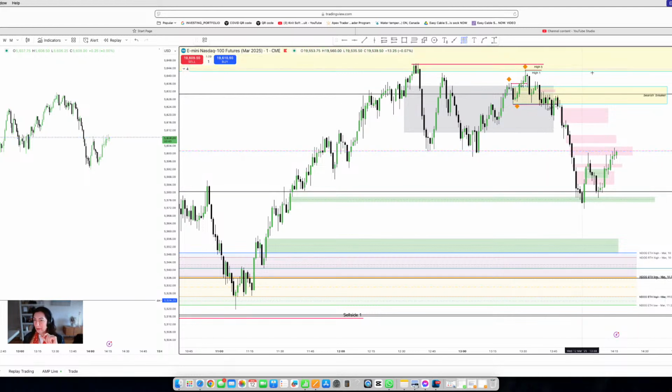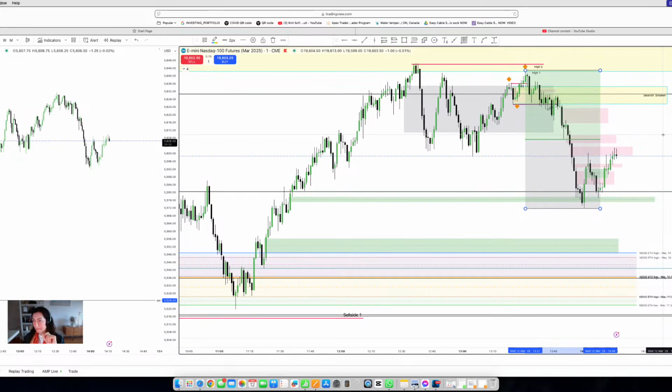If we take our GAN box and we go from high to low just on this leg here, this would be our 50% here. Now for price to pull back into a discount before dropping.